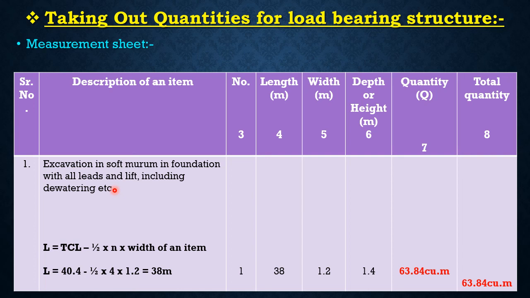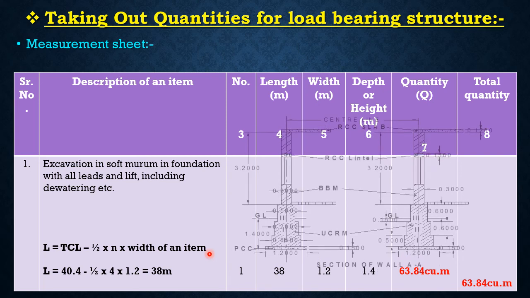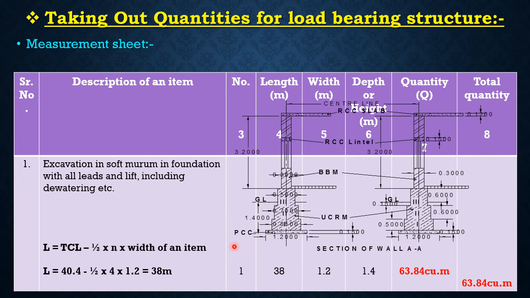For this, the length of the item is calculated first. L is equal to TCL minus 1/2 into n, number of T junctions, into width of an item. Here the width of an excavation is equal to the width of a footing, which is 1.2 meter.